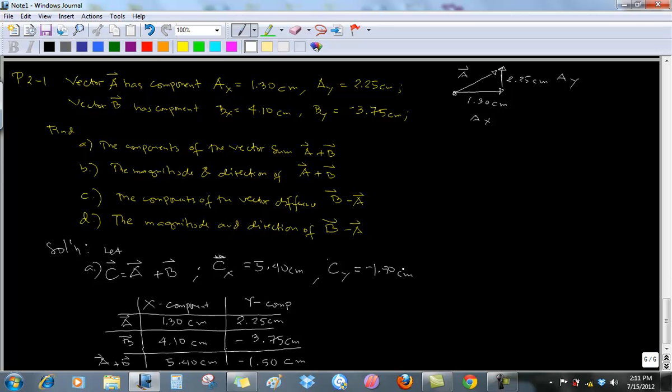It's that simple. C is just a new variable we introduced, which is A plus B.